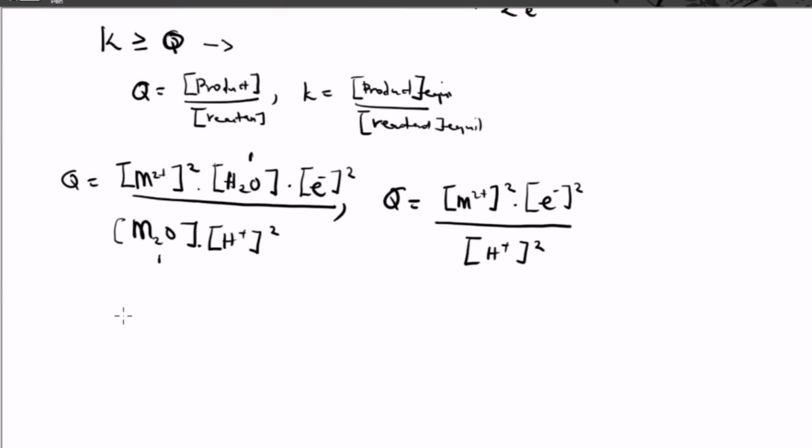This condition will change to log A being greater than or equal to log Q. So let's find log Q. With log Q, our log Q will be equal to what?